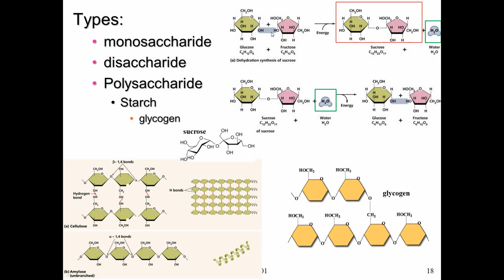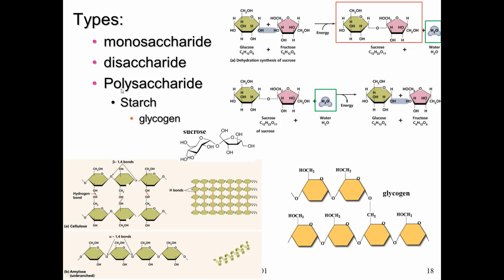And when that water molecule is removed, which you see over here on the far right with the green box around it, that means that this carbon right here that's attached to the oxygen and this oxygen that's part of the hydroxyl need electrons. So now if you look over here at the sucrose, there's that oxygen right there that's forming a bond with that carbon right there. We've got a disaccharide, sucrose sugar. This is dehydration synthesis. We can go the opposite way. Add water, split it back down to its 2 sugars.